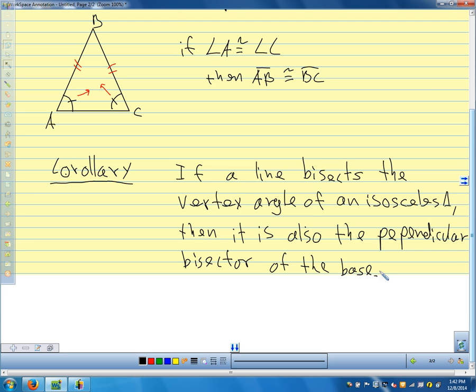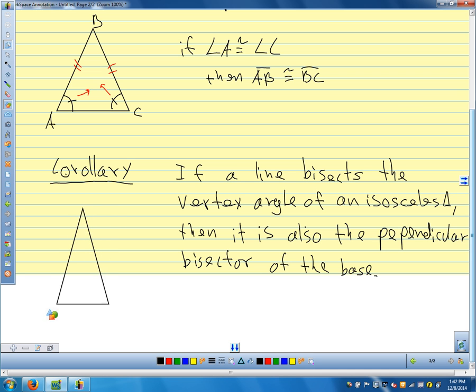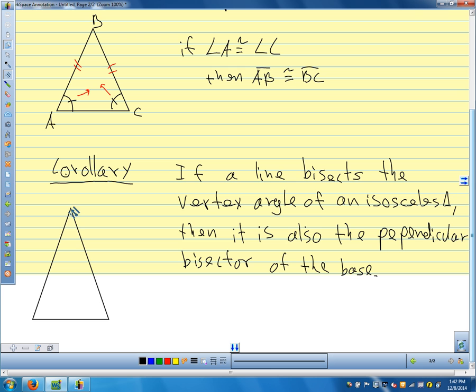So what does perpendicular mean? Makes a 90-degree angle. So let's draw a picture of what's going on here. So we have an isosceles triangle. We have this line that bisects the vertex angle. So if it bisects this whole vertex angle, what do we know about these two angles?